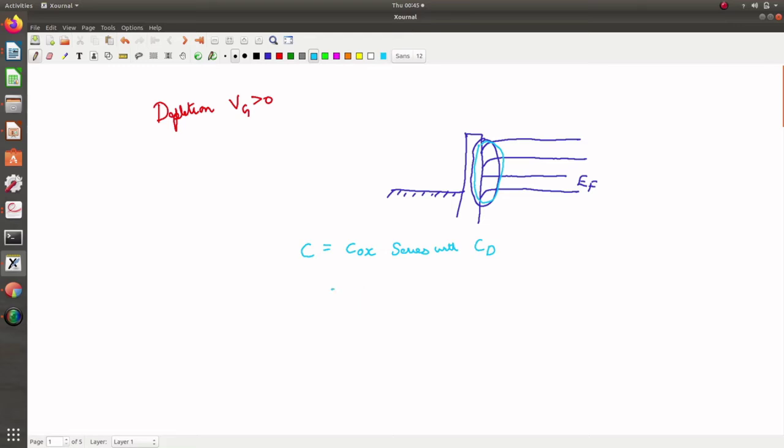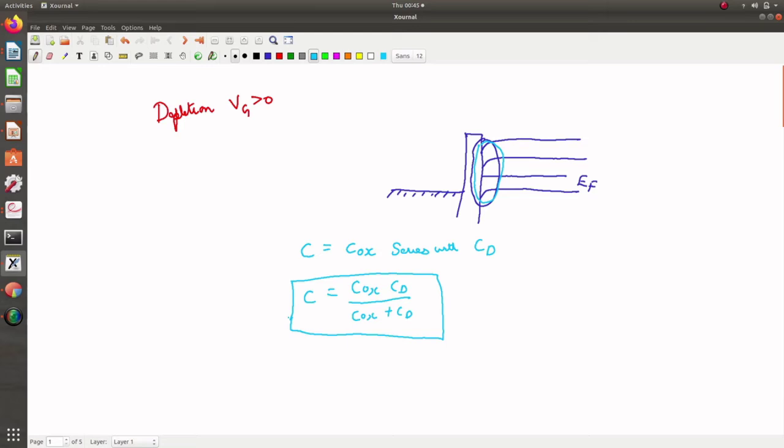Mathematically, this can be written as COX into CD by COX plus CD. If you remember, if two capacitors are connected in series, the effective capacitance will be equal to this equation.